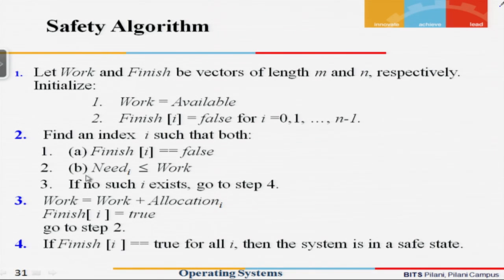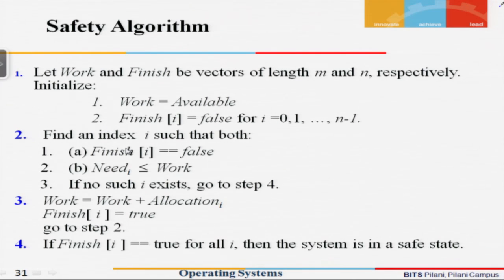So in this case also we may have a situation where such a thing could arise, and we will come to step number 4. This is a clear-cut case that there is an i which is false and need is greater than work. That means we are in deadlock, the system is in an unsafe state.